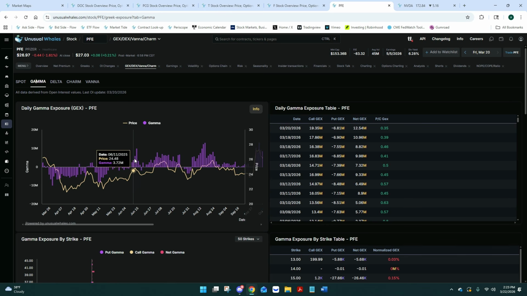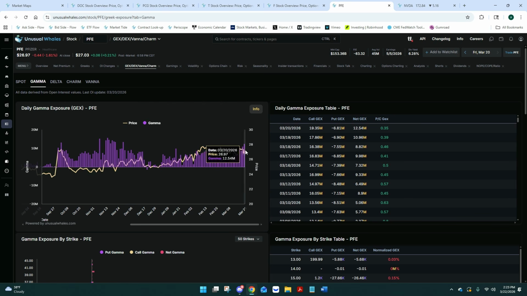Now, again, example 611 here, you had a lot of positive gamma through July. It took a while, but you eventually see those levels hit later here. So again, finding flow and other data points versus just taking the one data point and running with it is big. So nothing really on Pfizer here.